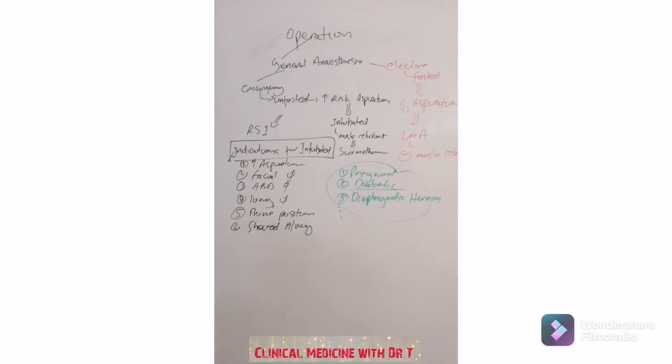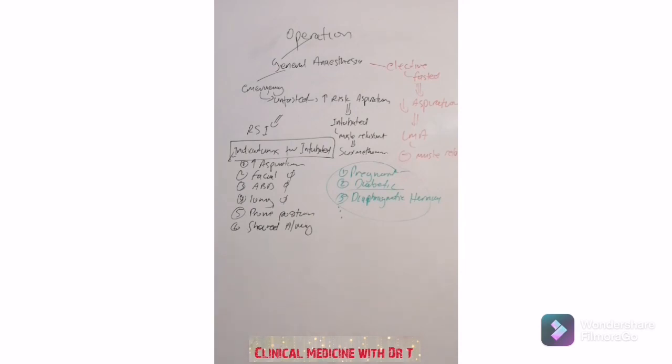But if they come immediately from the scene, then they are going to be an emergency, and because they will be unfasted, then they will be done a rapid sequence. So anyone who's got any of these, that's intubation. Because it's intubation, a muscle relaxant is going to be used.